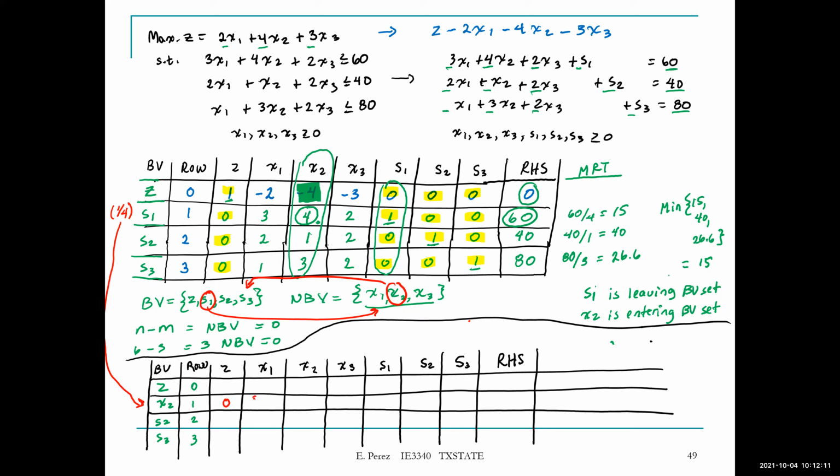This will be 3/4. This is going to be 1, 1/2, 1/4, 0, 0, and 15. Okay, so I got the 1. Now I need to make the rest of that column 0.